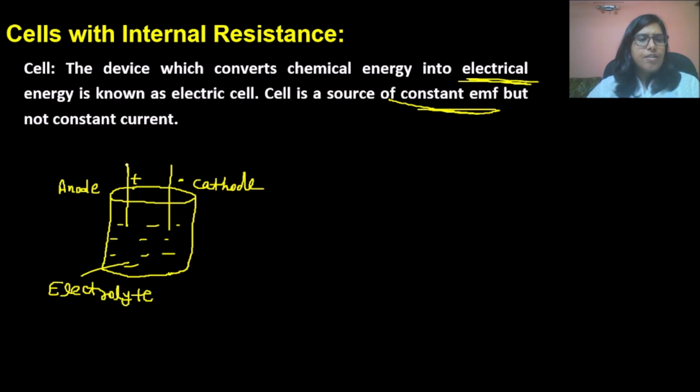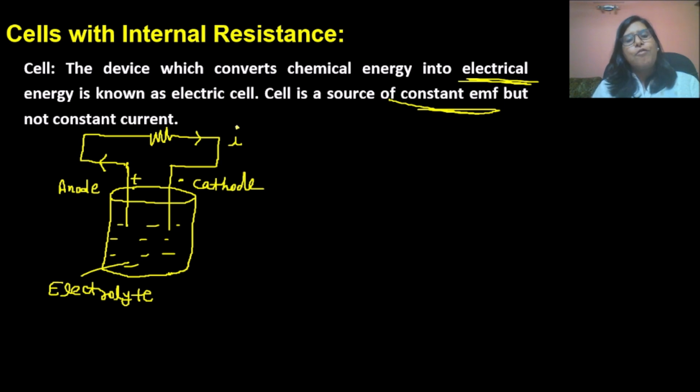So electric current through this cell will flow from anode to cathode, and if we connect this with a resistor R, then current will flow in this direction. Inside the cell, current will flow from cathode to anode, right? But in this external circuit, current will flow from this anode to cathode, right?